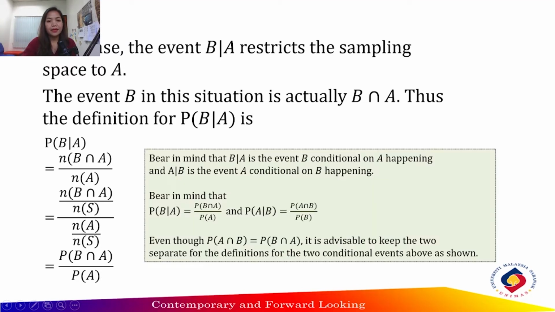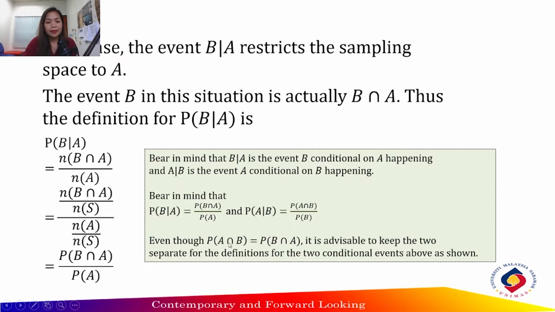Please bear in mind that B given A is the event B conditional on A happening, and A given B is the event A conditional on B happening. Also bear in mind that P(B given A) is equal to P(B intersect A) over P(A), and P(A given B) is equal to P(A intersect B) over P(B).